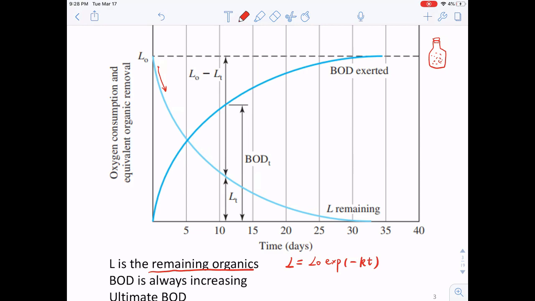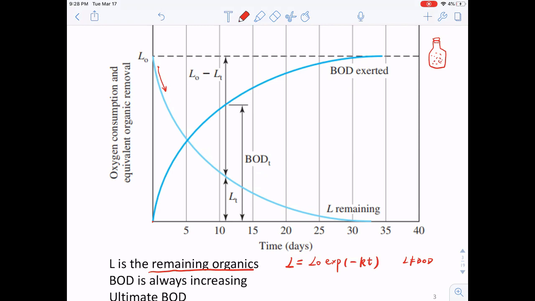But we should also pay attention that L is not equal to BOD. L is the remaining organics, or the remaining chemicals in the water. The BOD, the demand of oxygen as a function of time, is always increasing.